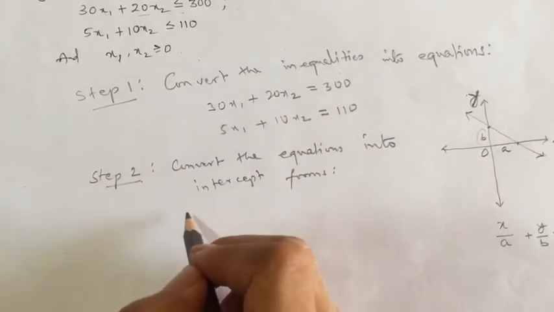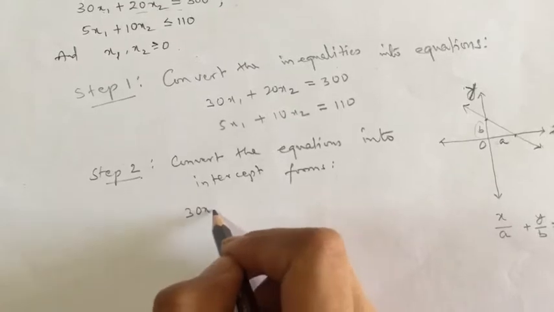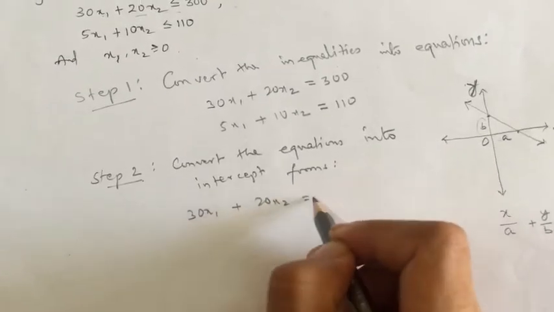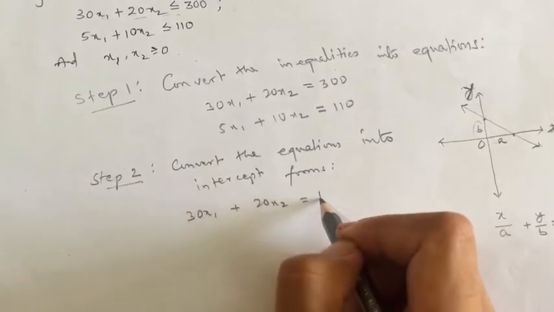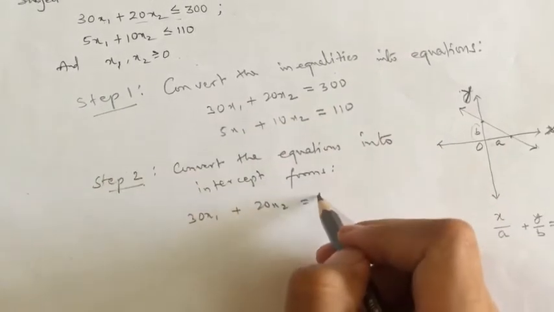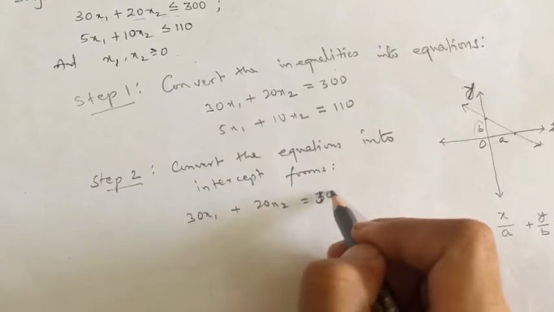The first equation is 30x1 plus 20x2 equals 300.